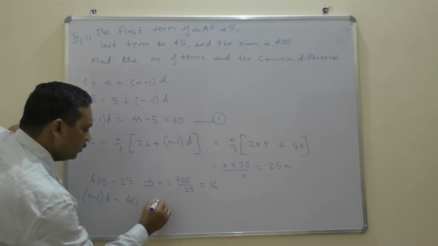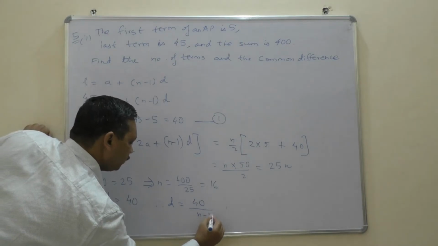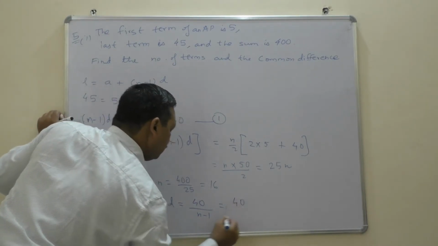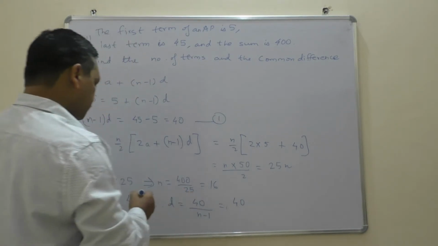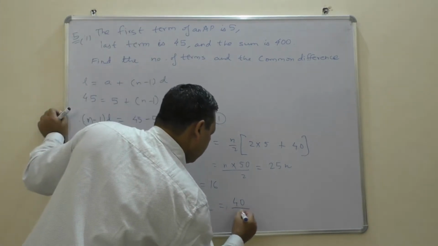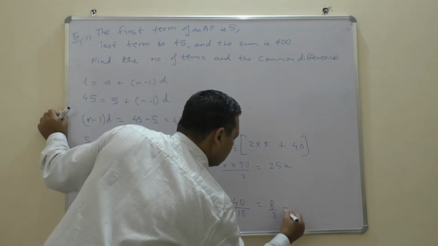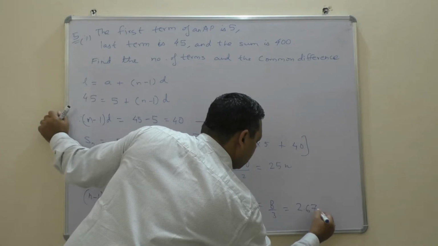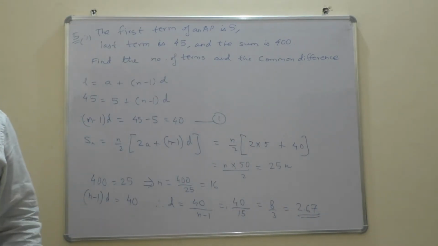Therefore, what will d be? 40 divided by n minus 1, that is 40 upon 15, which is 8 upon 3, nothing but 2.67. Got it?